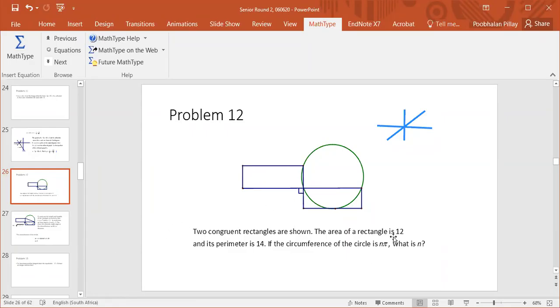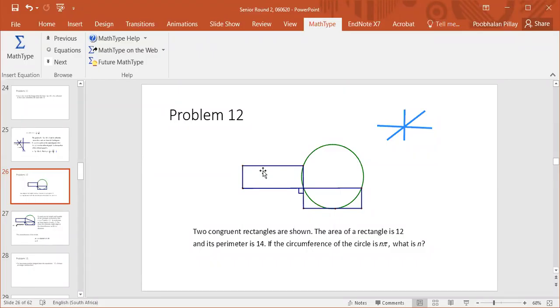Then we know that the area is 12, so you got an equation, because length times breadth, xy, equals 12. The perimeter gives you another equation, because you got x and y, and again x here and again y. So if you take the perimeter right round, you'll have two x's and two y's.